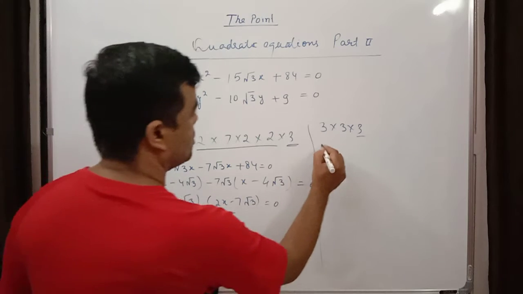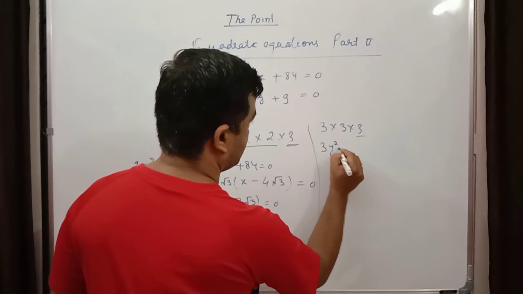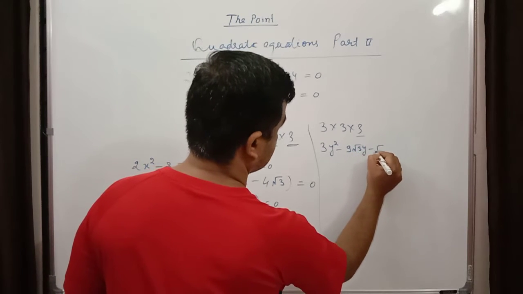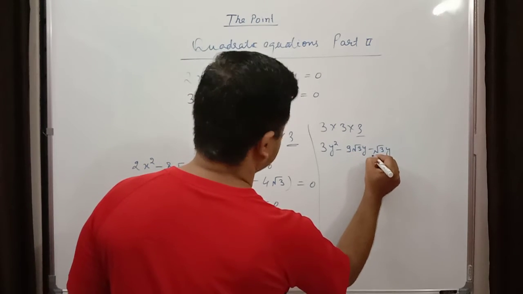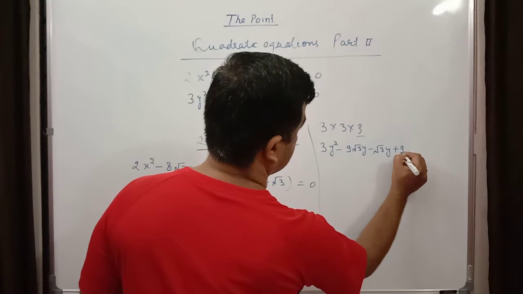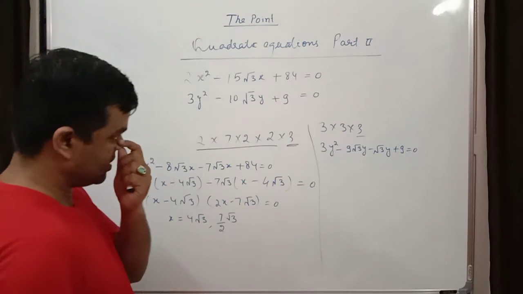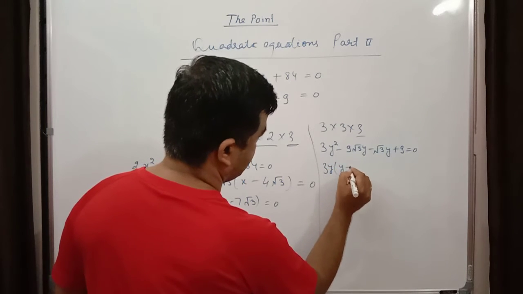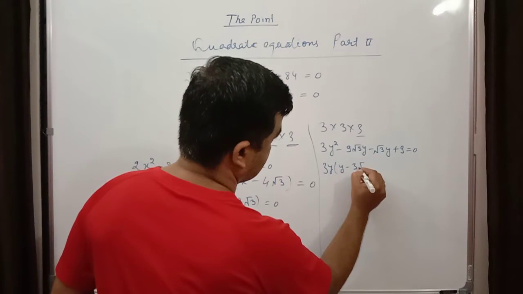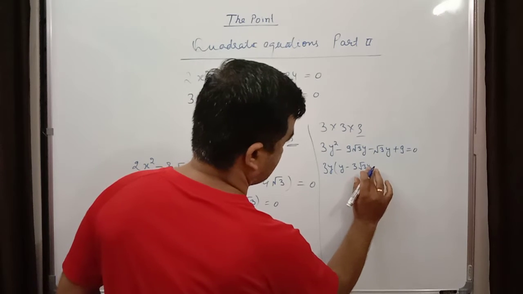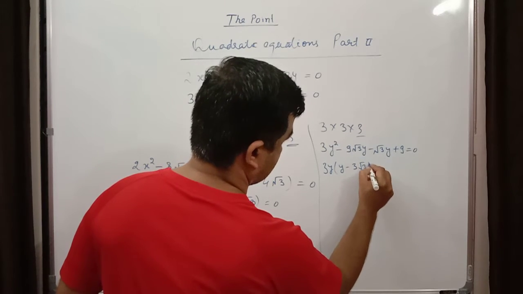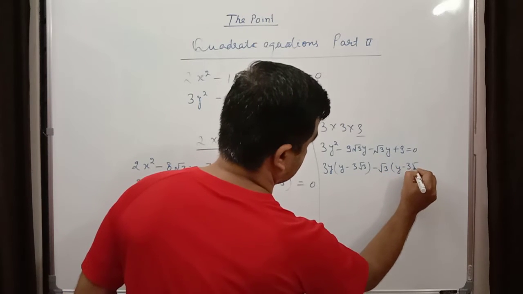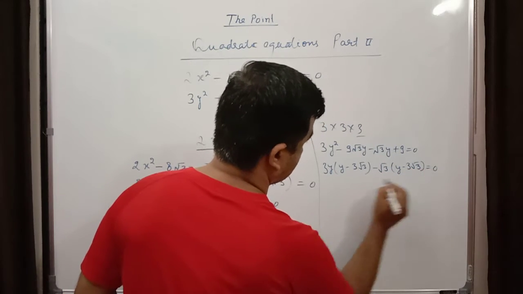Okay, so 3y square minus 9 root 3y minus root 3y plus 9 is equal to 0. Okay, so take common: 3y, y minus 3 root 3, then minus root 3 common, y minus 3 root 3 equal to 0.